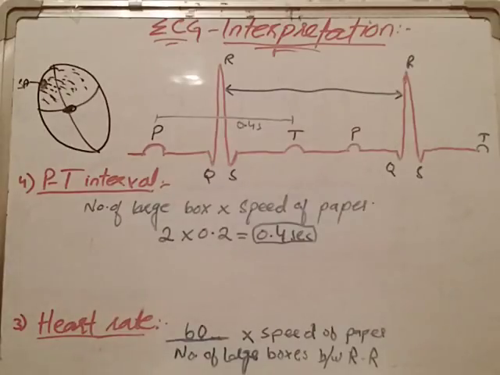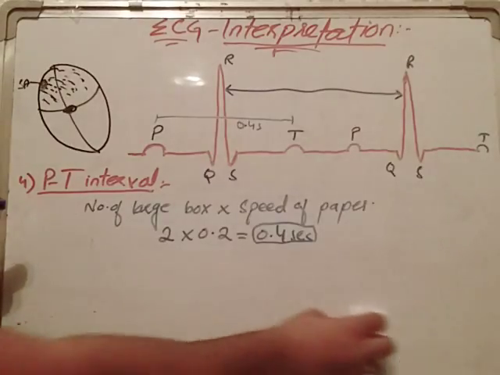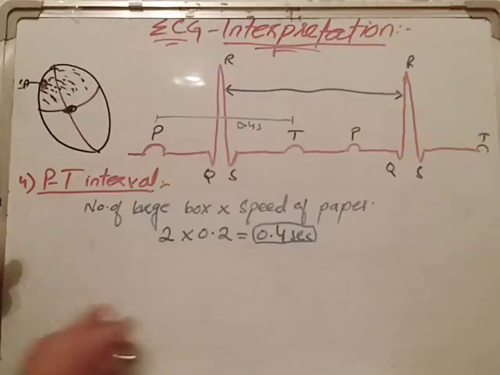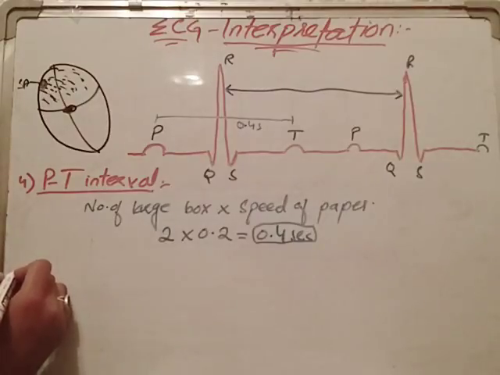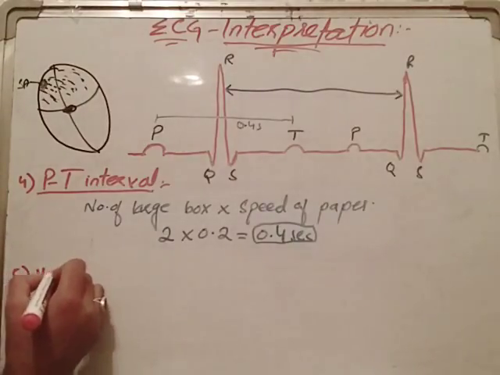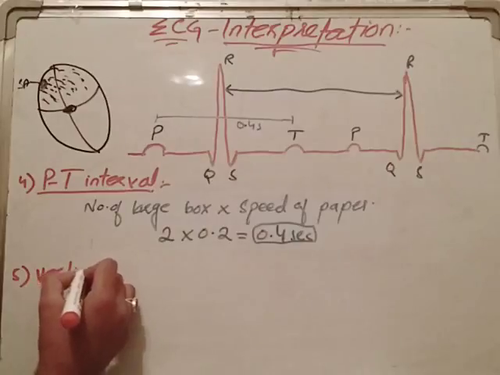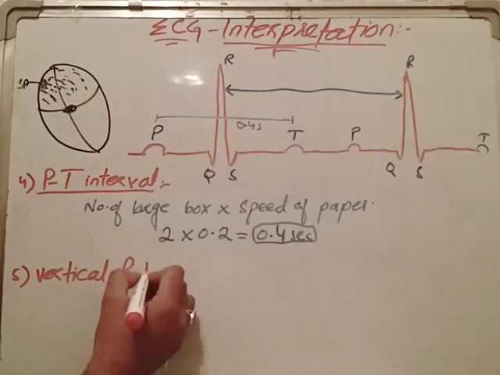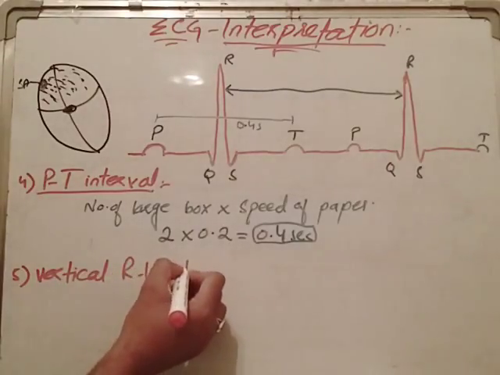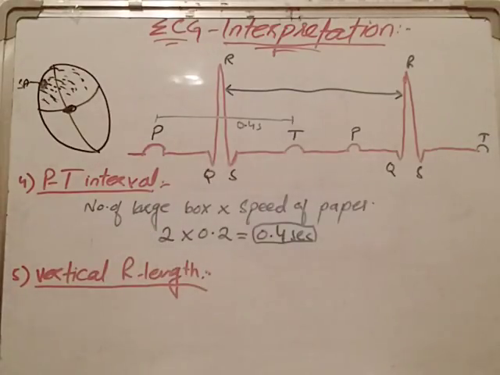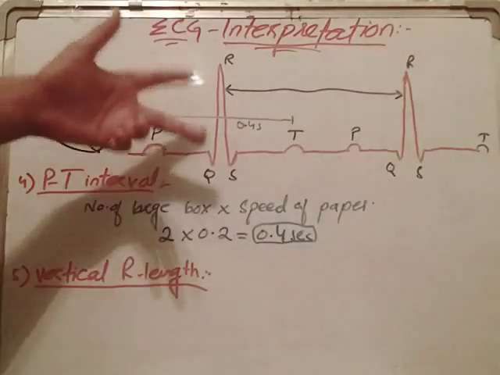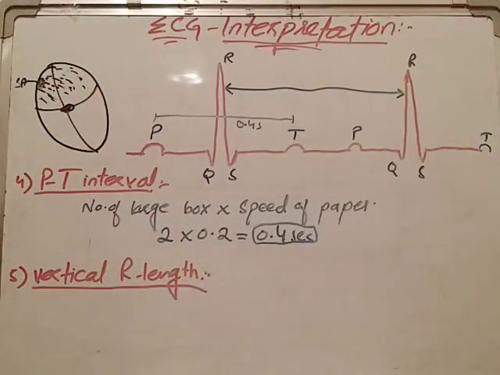And the next is the length of R. How can we find the vertical length of R? Horizontally we measure the number of boxes, and at the vertical position we also measure the number of boxes.